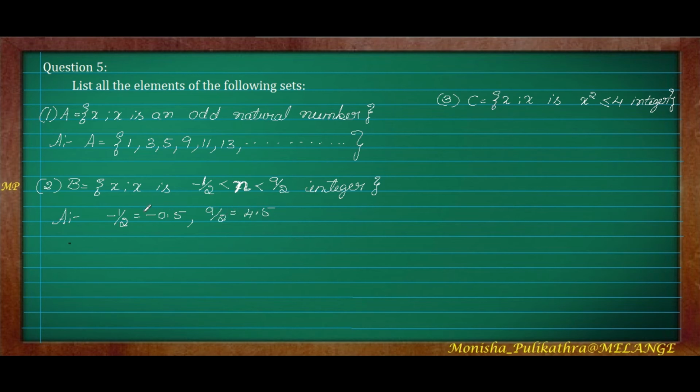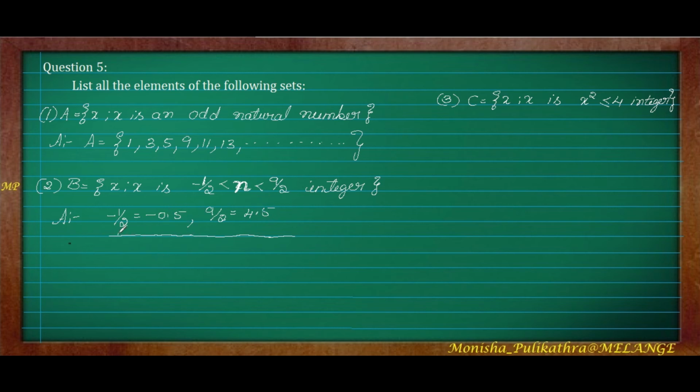Okay. So between minus 0.5 and 4.5, we have to write only the natural numbers. Natural numbers don't include decimal points. Okay. So I will tell you how to write it. Just for an example, write a number line. Here by this answer, you can take notice that everything is in decimal points and 0.5 is the range for that.